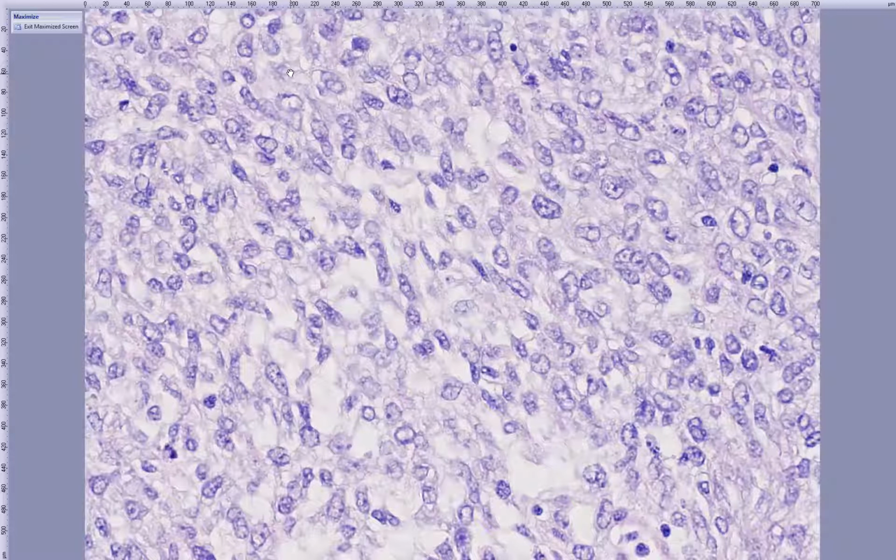While it tends to be kind of locally invasive, its metastatic potential is generally pretty low. And that actually tells the story of congenital mesoblastic nephroma as well. These tend to be kind of infiltrative. They tend to be more at risk for recurrence rather than metastasis.